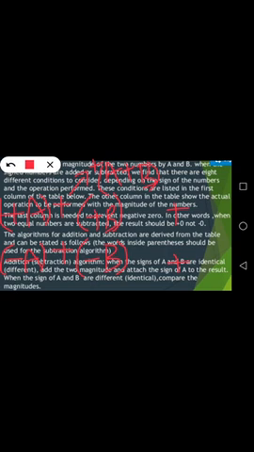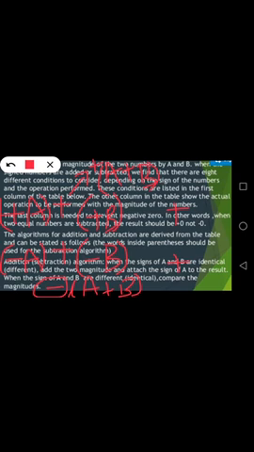And in case of minus A plus minus B, here also you perform addition, but the only thing is the sign would be negative.